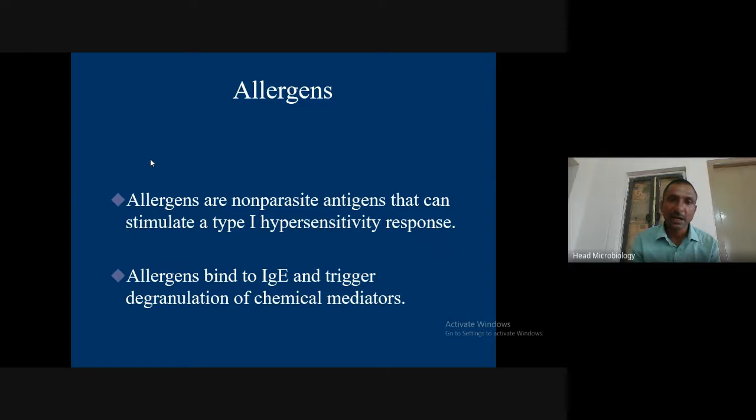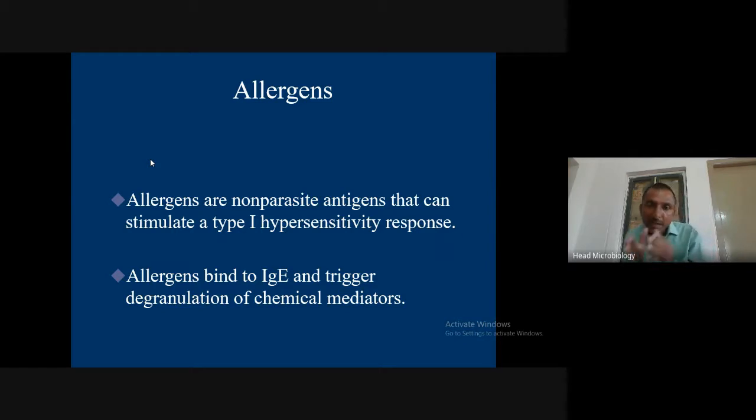Allergens are non-parasitic antigens that can stimulate type 1 hypersensitivity responses. Allergens bind to IgE and trigger degranulation of the chemical mediators.